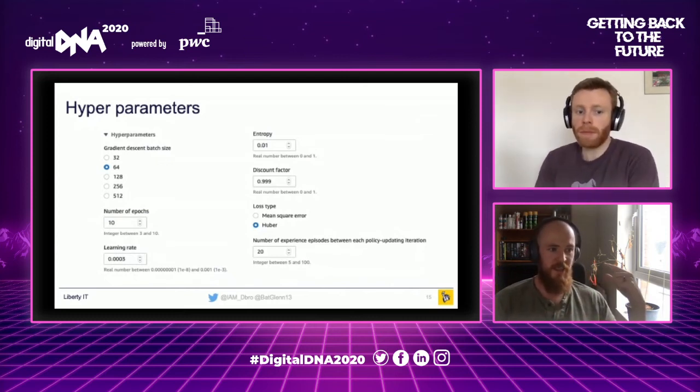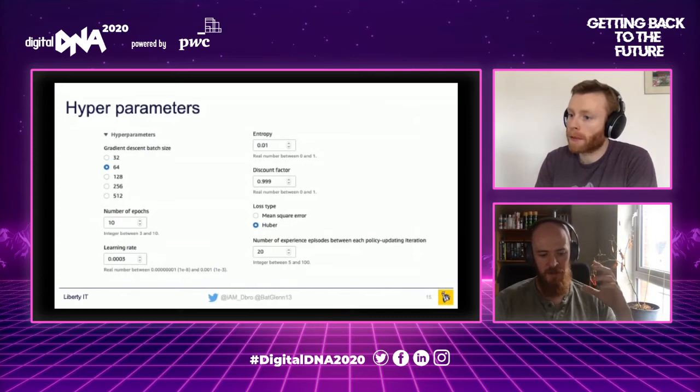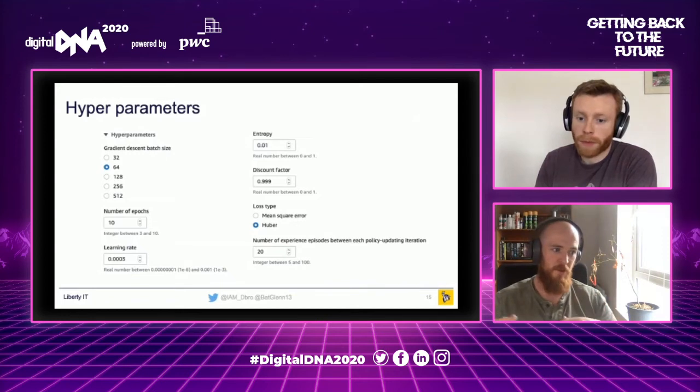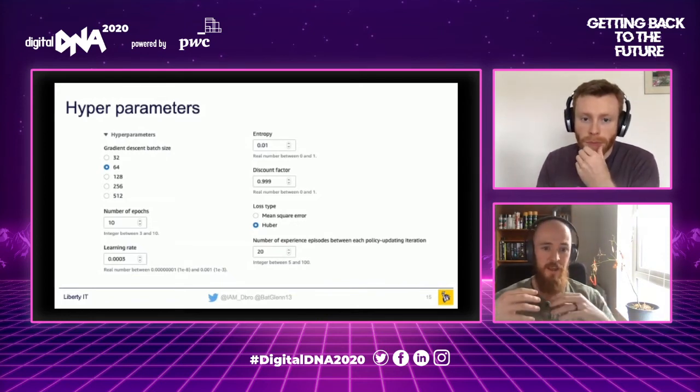But what this does is the car will essentially start at one point on the track. It'll drive until it either finishes one lap or goes off the track. And when it does that, that is what's called an experience episode. So you can set this from anything between 5 and 100.